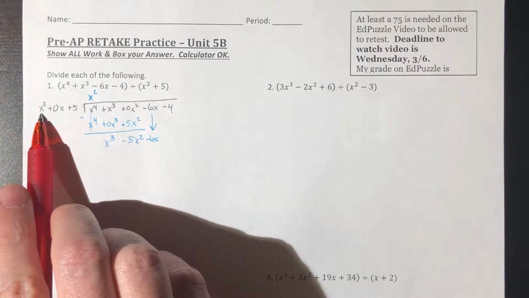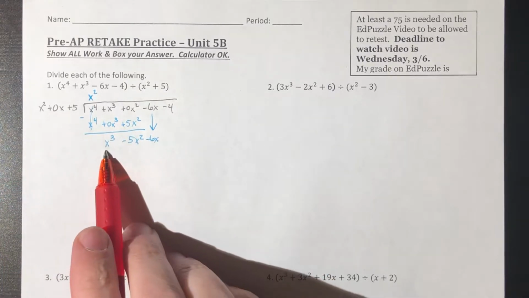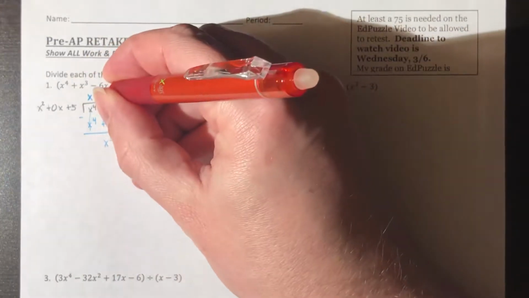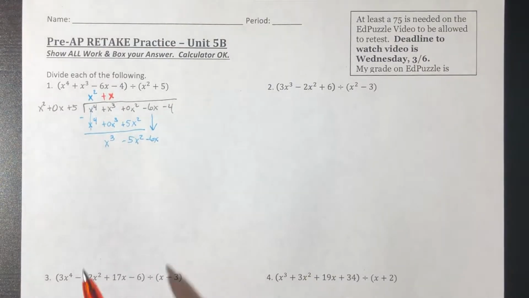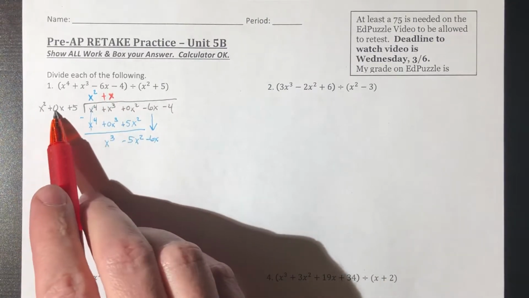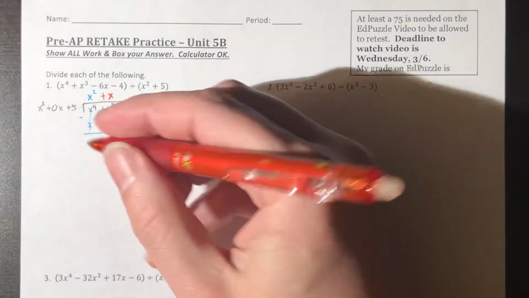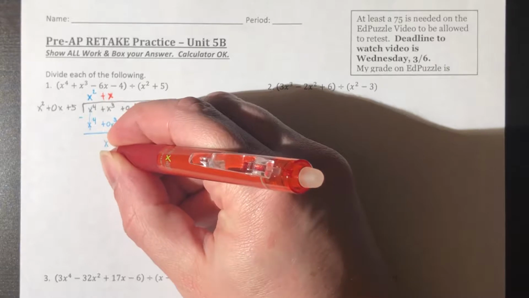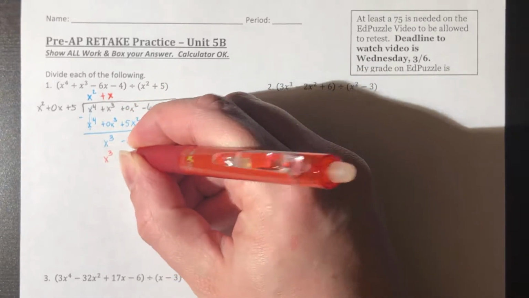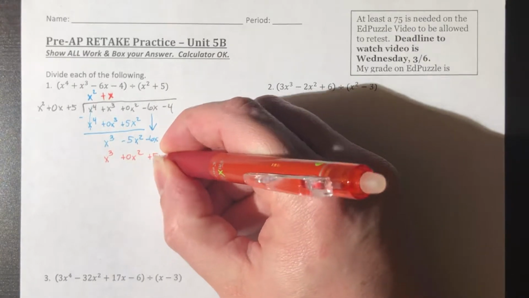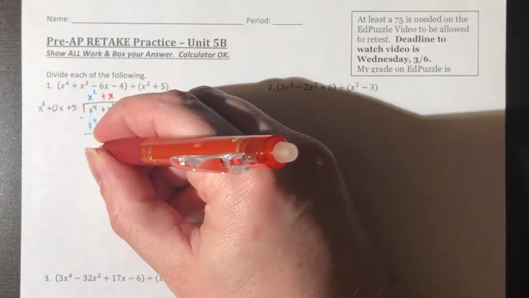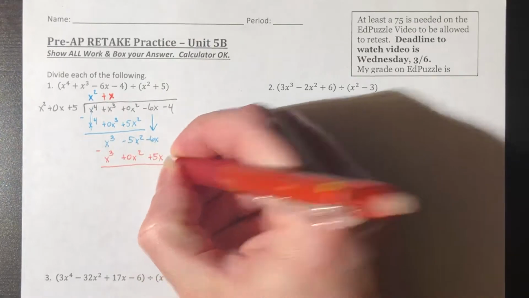Going from x squared, what do you need to multiply it by to get to x cubed? Well, that's just x. So plus x up there. And I'm going to multiply that x by all parts here. So that gives me x cubed plus 0 x squared plus 5x. And again, I'm subtracting these.